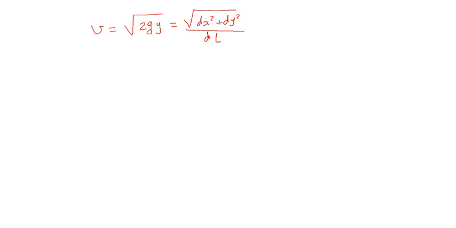That's very nice. So we can now have dt on a single side. dt is equal to the big square root of dx squared plus dy squared over 2gy.